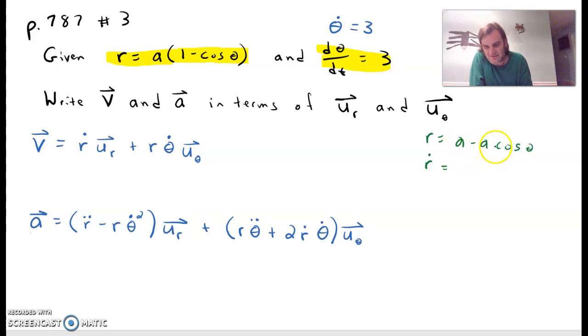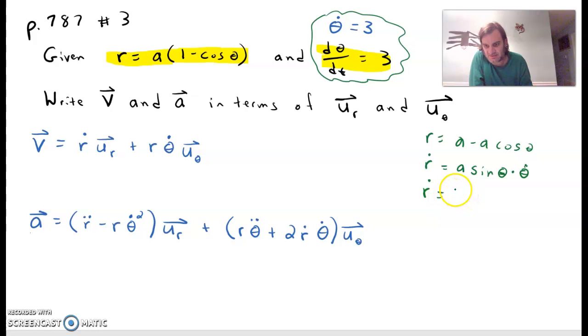And then negative a cosine will turn to negative negative, so it'll be a positive a sine theta. But theta is a function of t based off of this up here, so it'd be times theta prime. So r prime, the derivative of r, is basically 3a sine theta.